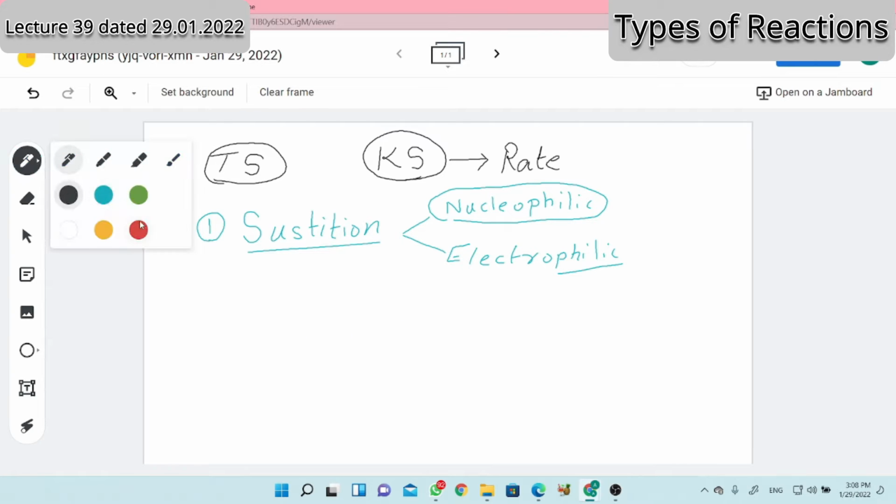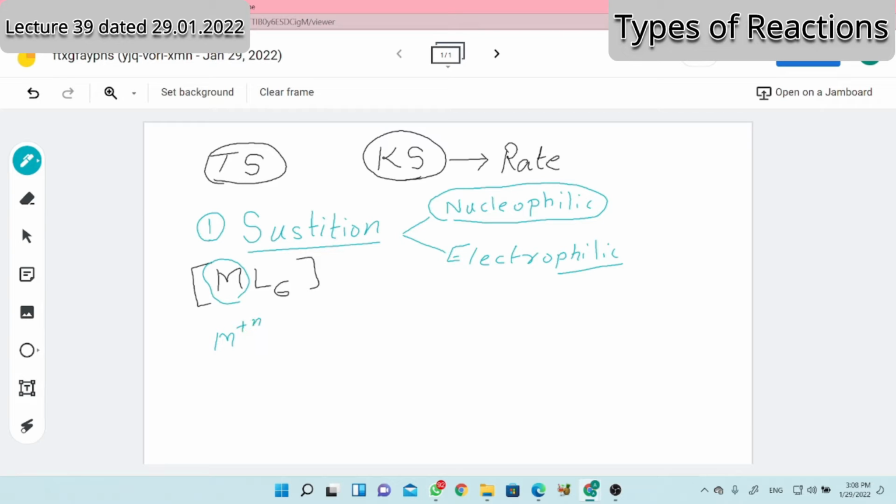If I have to talk about a coordination compound, say ML6, here two entities are there. What is the first entity? That is a metal ion, M^n+, let the charge on that metal ion be +n, positive charge of course. What is the second entity?